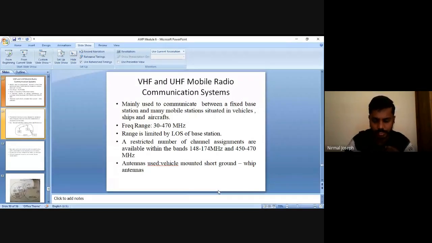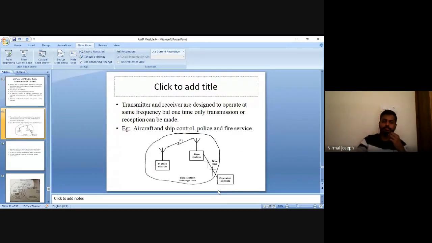Okay. So we are going to the basic block diagram of that. The transmitter and receiver are designed to operate at the same frequency, but only one-time transmission or reception. That also you might have heard. You might have seen police people and fire service people all using this. They can just speak once and they have to wait for the command to receive.